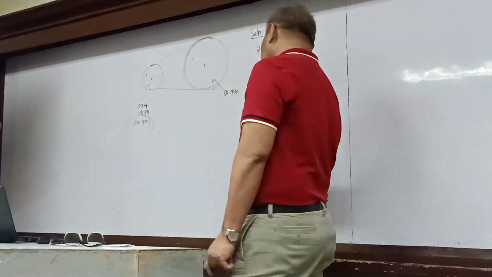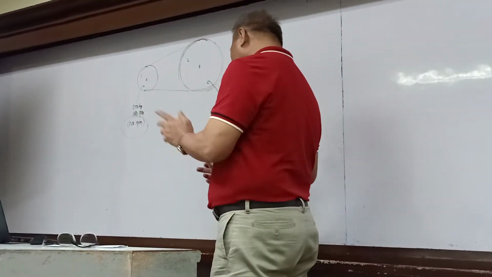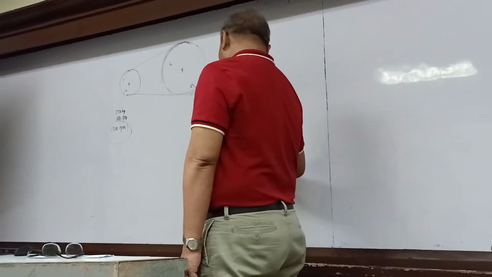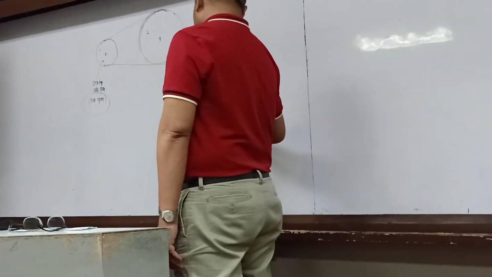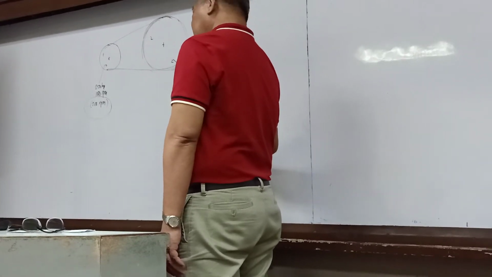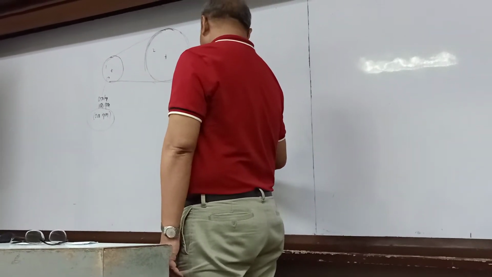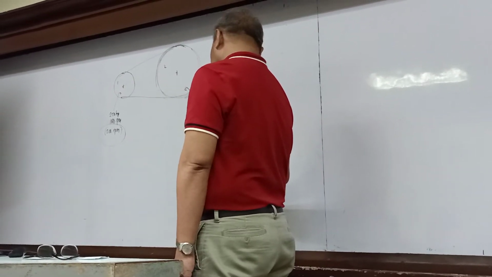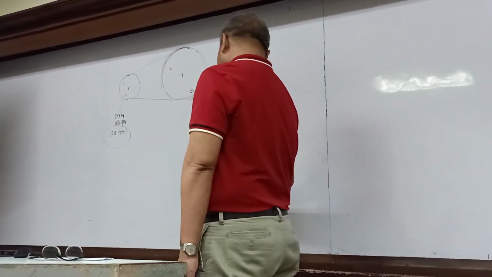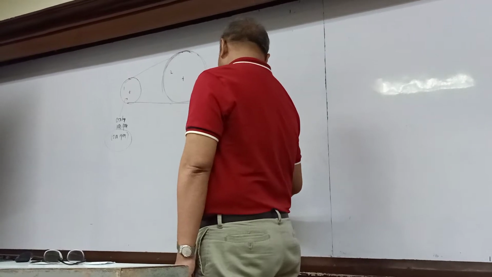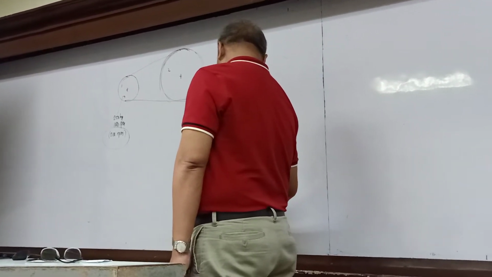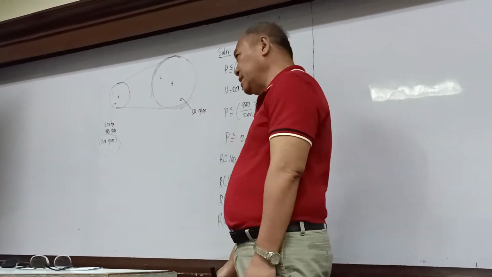So if we look at the table, we can choose among several chain numbers. We can use RC100, RC120, RC180, and RC200.